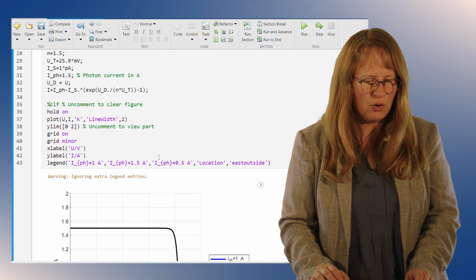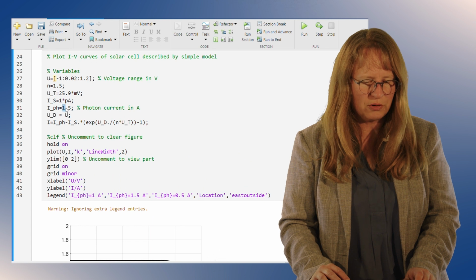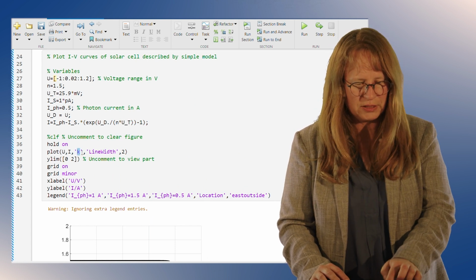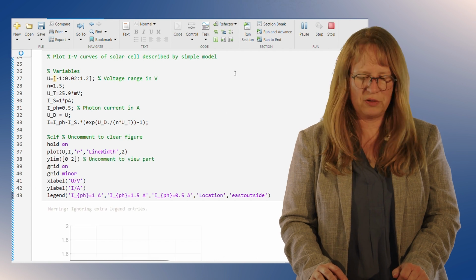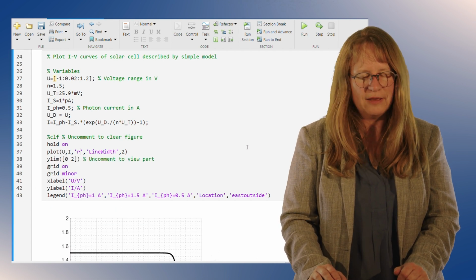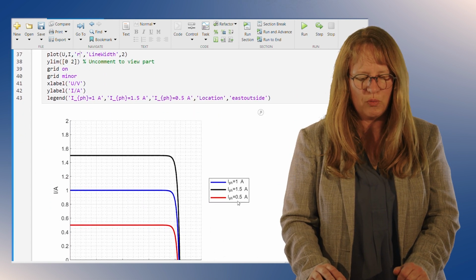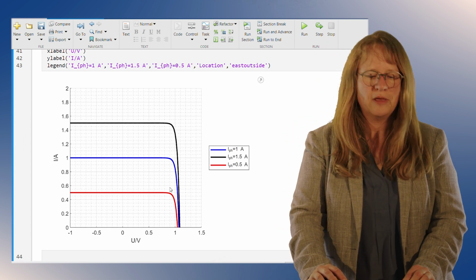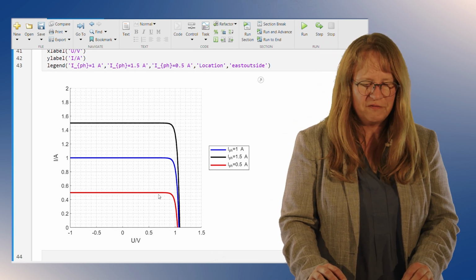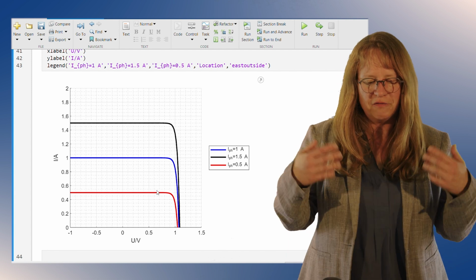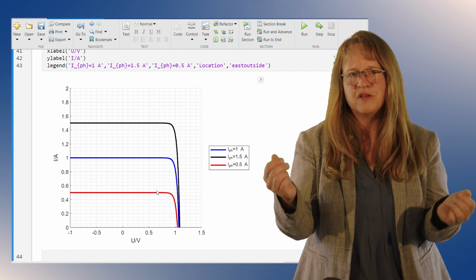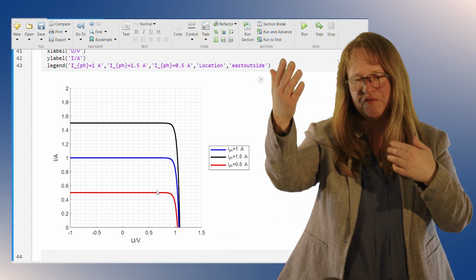And if we go down, let's just go to 0.5 amps here and do it in red. Let's plot this also. So now if we have 0.5 amps of photocurrent, this is moving down. And so what you can see here, if we have less photons incident, it means we have less photocurrent. If we have more photons incident, we have more photocurrent.